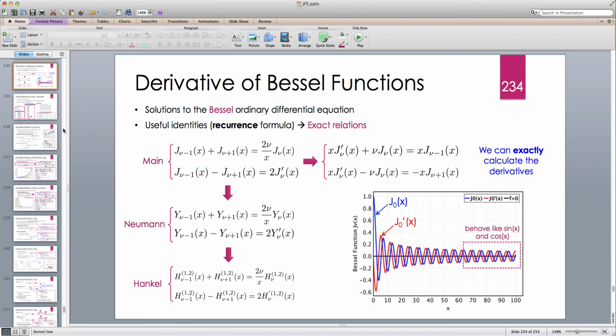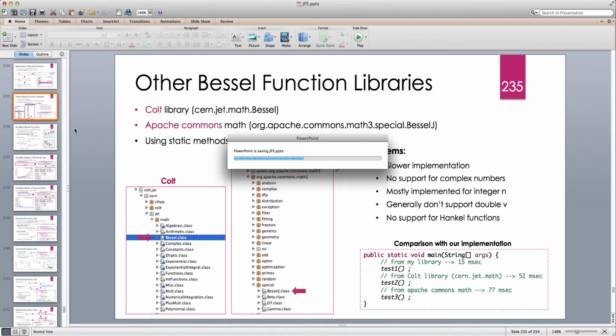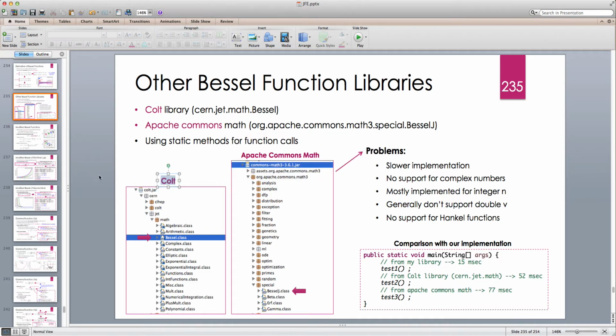All right. Okay. So you might be asking, okay, we spent all this time developing a very efficient Java code for calculating Bessel functions. So what are the other libraries out there for Java that calculate the Bessel functions? And here are two famous examples. One is from the Colt library, cern.jet.math.bessel.